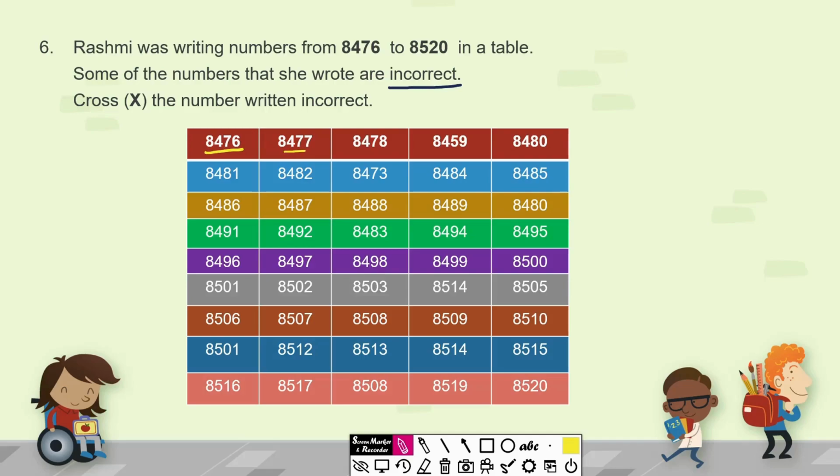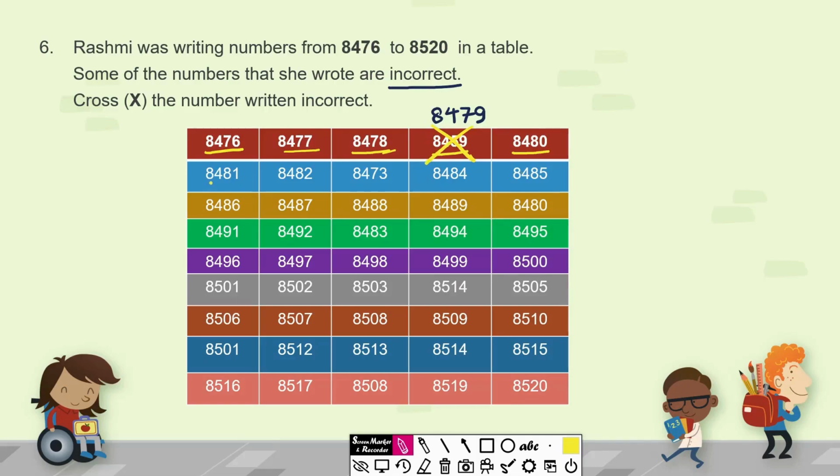8,476, 8,477, 8,478, then it is written 8,459, but what number comes between 8,478 and 8,480? It should be 8,479, but it is written 8,459. So this number is wrong. Let's cross it.